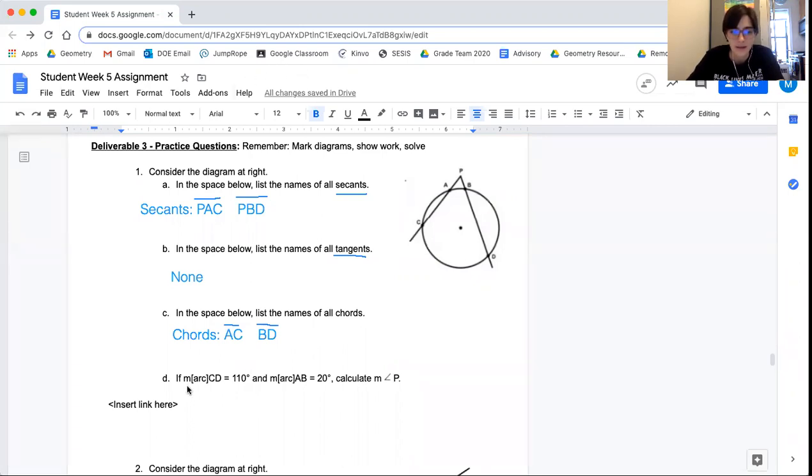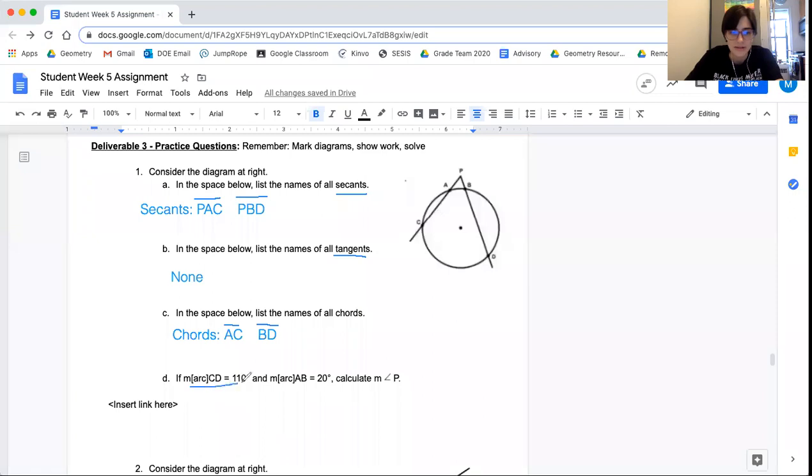All right, so for part D, I'm going to want to label my diagram. If you are writing this out on a piece of paper, I suggest you pause and actually put this diagram on your paper. It doesn't need to be perfect, but draw a circle with the center, this line, and put some labels of where all the letters are. That's going to help you out. I did this when I made the answer key, when I worked this out for myself too. Once you have that diagram, we're going to want to label all of the given information.